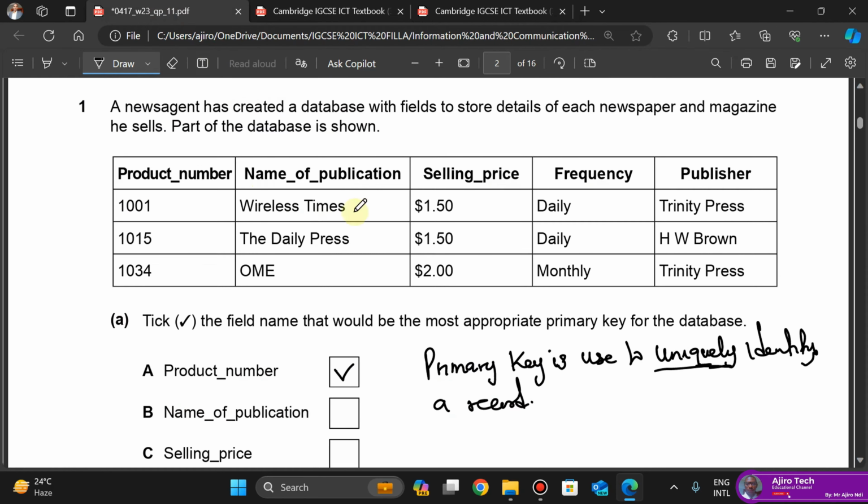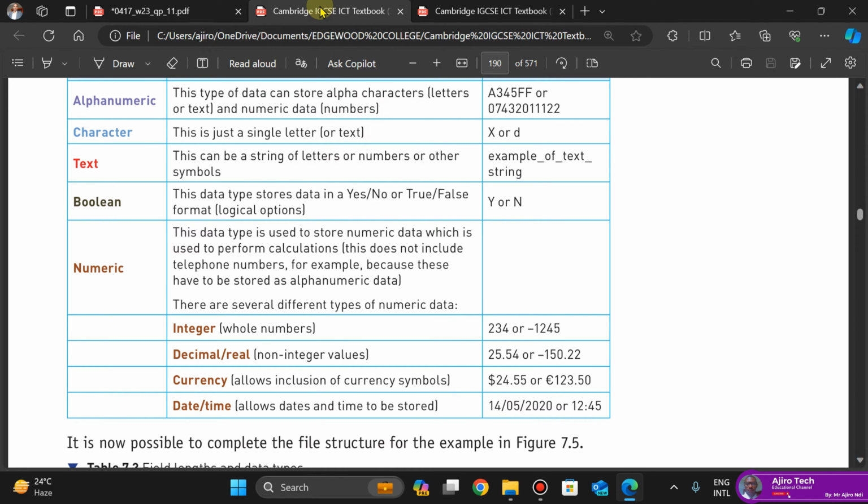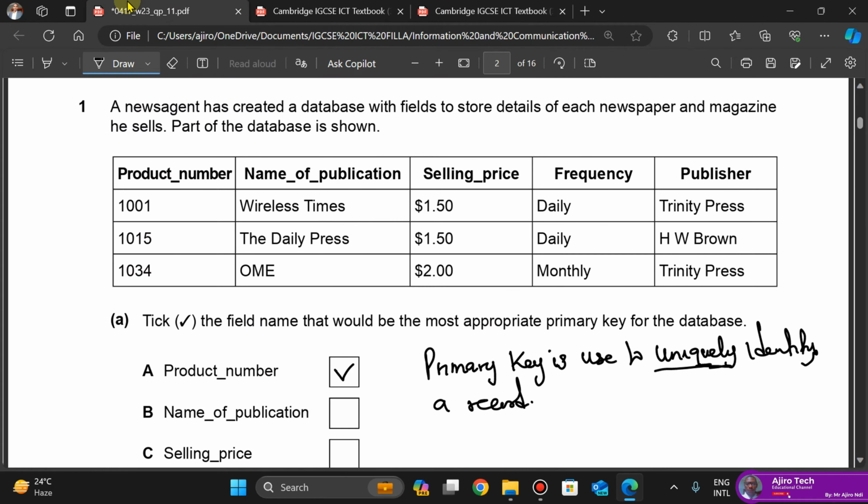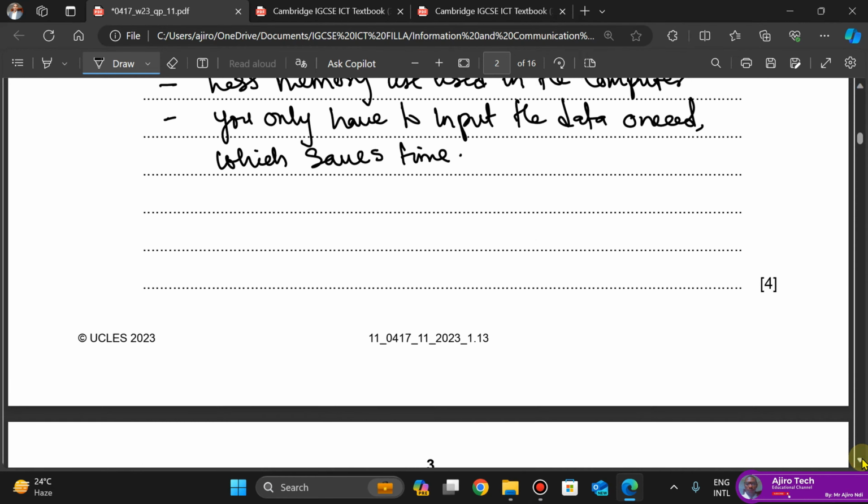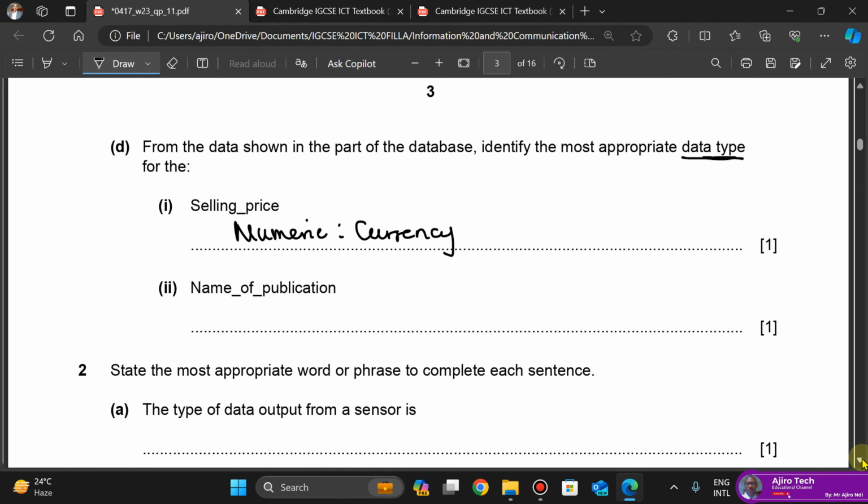For name of publication, I will just go for text, because alphanumeric is best suited when you have names and numbers. But text is strings of letters, or other symbols that are also included. So I'm just going to choose text.